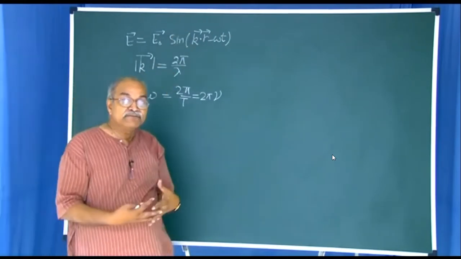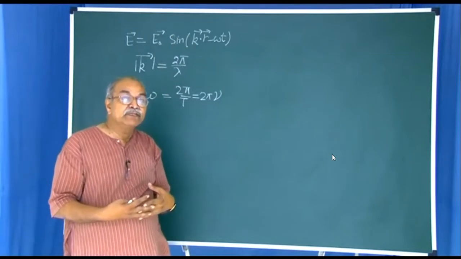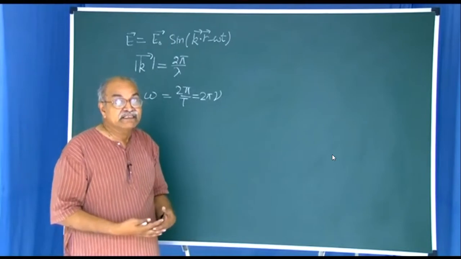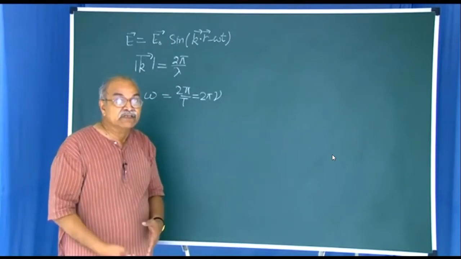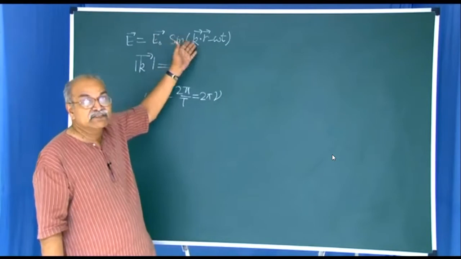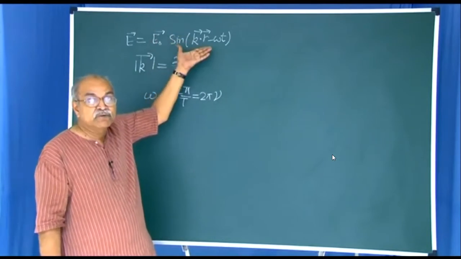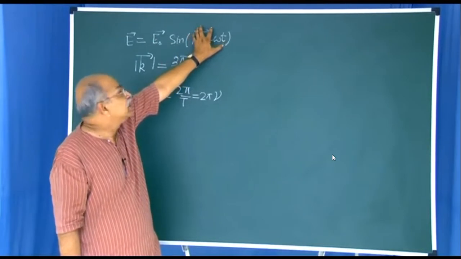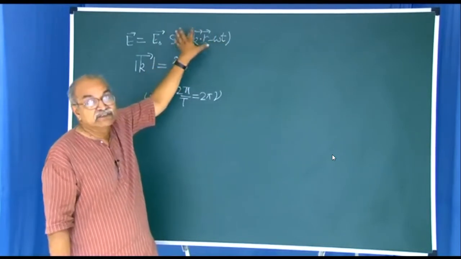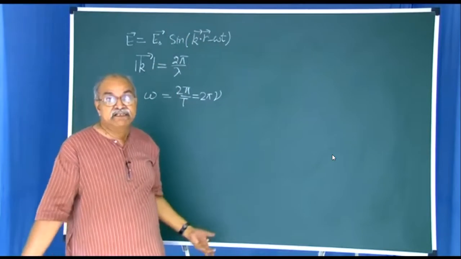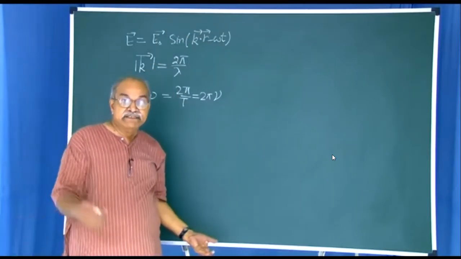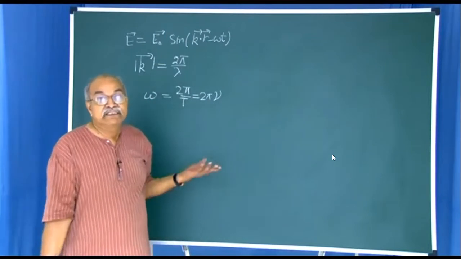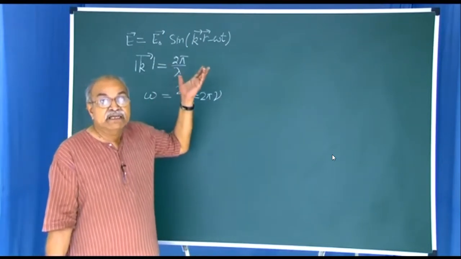Therefore the two waves which are adding can produce a constructive interference or a destructive interference. The net intensity is not the sum of the intensities of the two waves, but it depends on the difference in this part which changes the value of this sine. So, the whole thing may become a destructive interference where the total intensity is 0 at certain points, or it can be double the amplitude when the intensity will be 4 times, and so on.